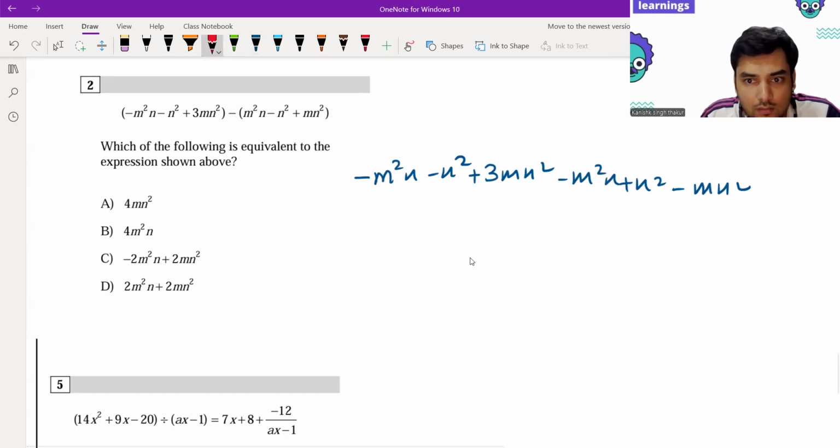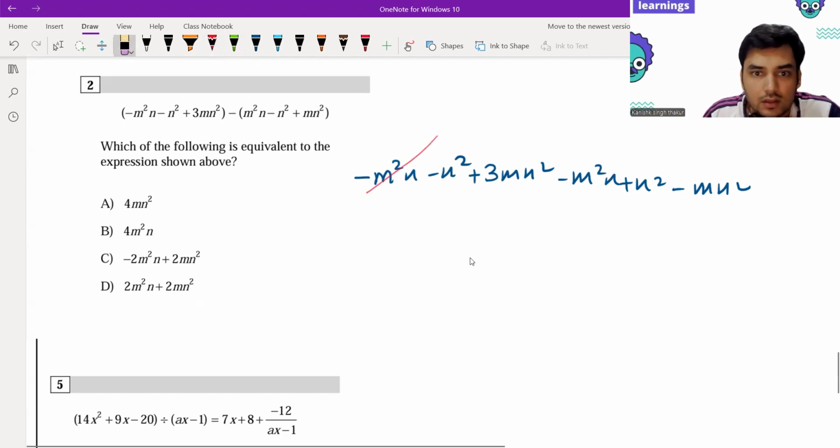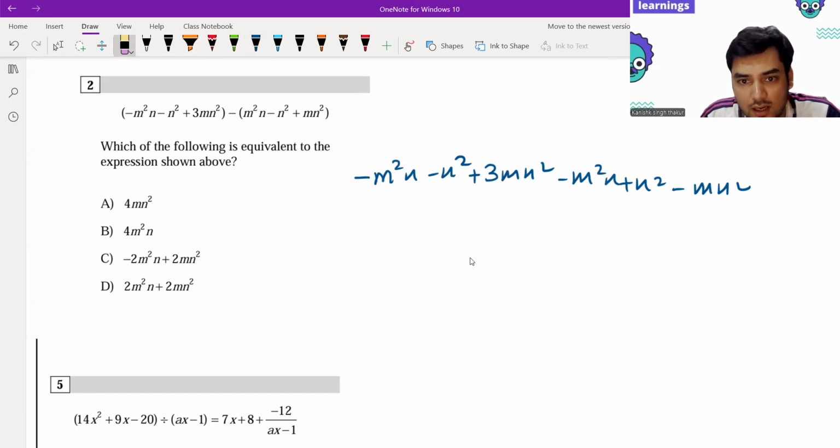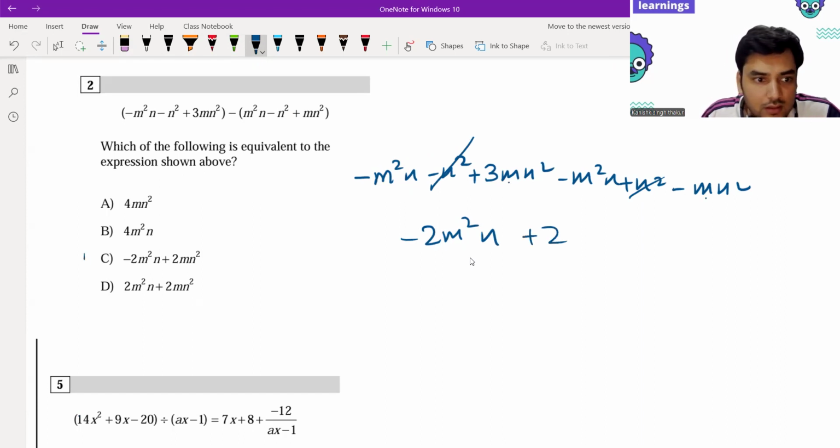Now see, minus m square n, and do I have any other minus? No, I don't, right? So minus m square n and minus m square n, I have minus 2 times m square n, right? Minus n square n plus n square n cancel. Minus mn square plus 3mn square plus 2mn square. C is the answer.